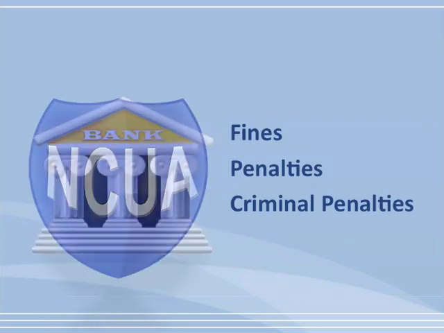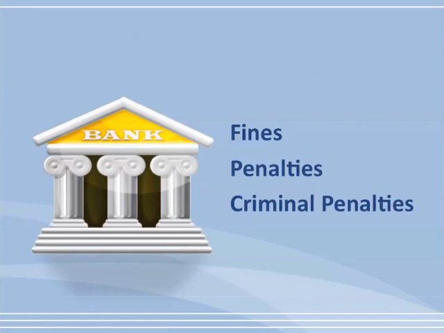Some examples of BSA penalties towards financial institutions are: Riggs Bank had to pay a $25 million civil penalty for failure to properly file suspicious activity reports. And AmSouth Bank paid a total of $50 million for Bank Secrecy Act violations.